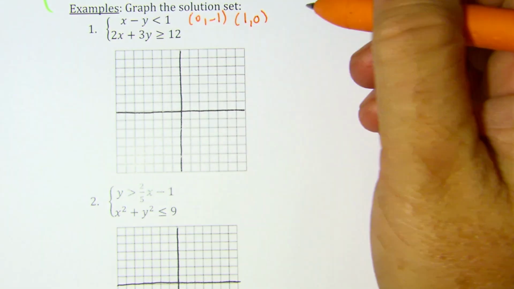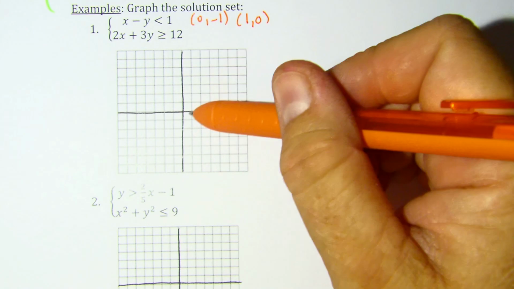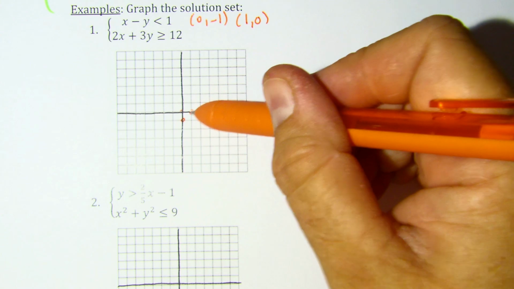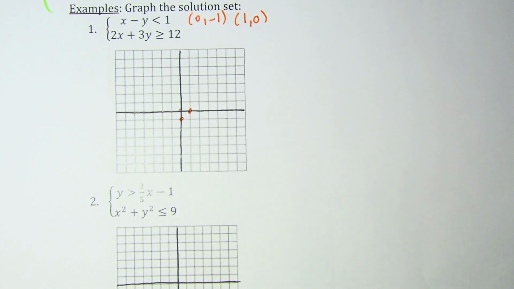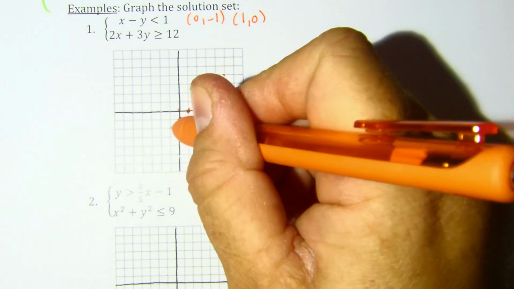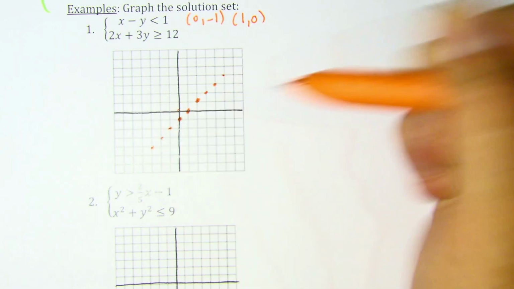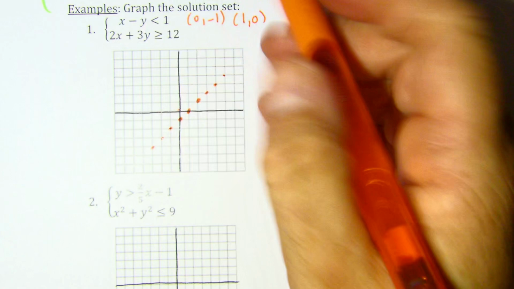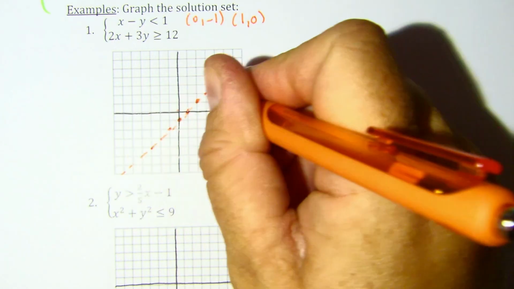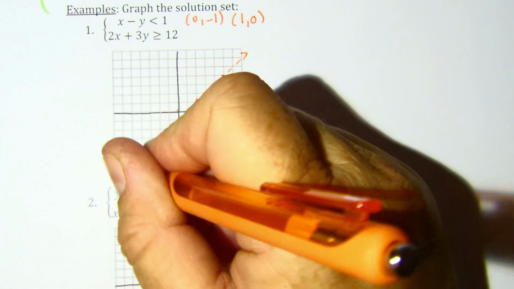So I could use those 2 points to graph. So 0, -1, and 1, 0. And I could continue plotting more points with that slope. And then because it doesn't have the equal to sign, this is going to be a dashed line. So I can go ahead and draw that dashed line.